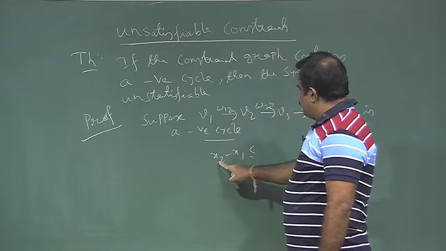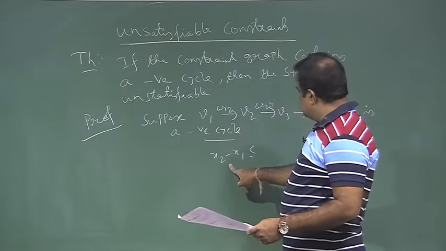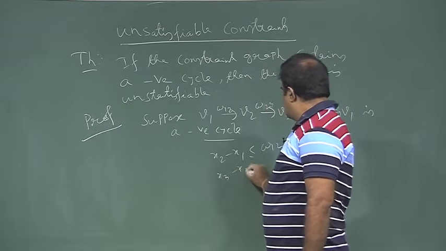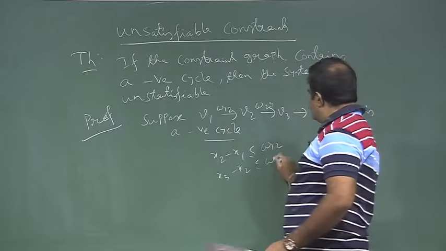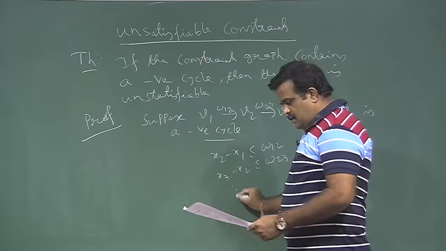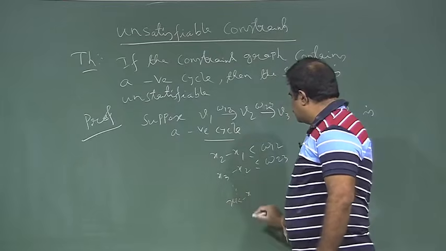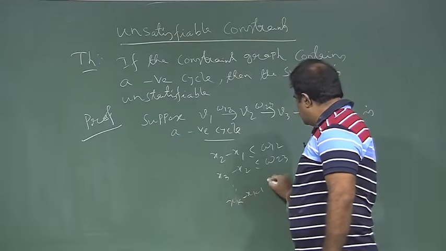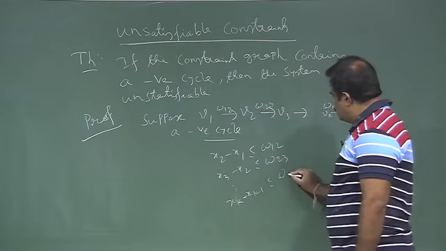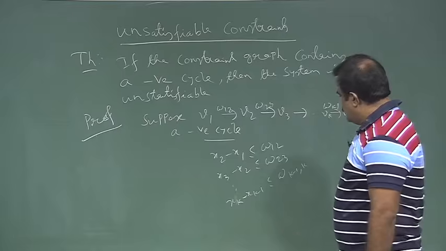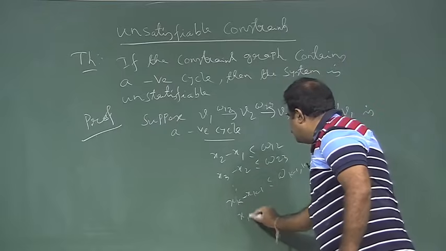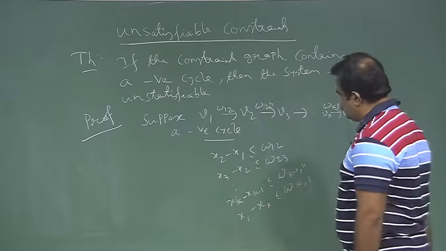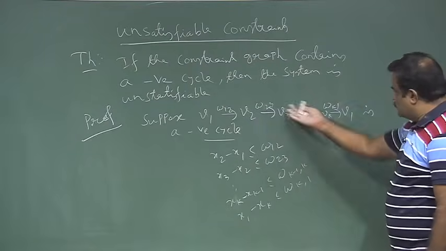So this corresponds to x2 minus x1 is less than or equal to W12, x3 minus x2 is less than or equal to W23, like this, dot dot dot, xk minus xk minus 1 is less than or equal to W(k-1,k), and the last one is x1 minus xk is less than or equal to W(k,1). This is coming from this graph.